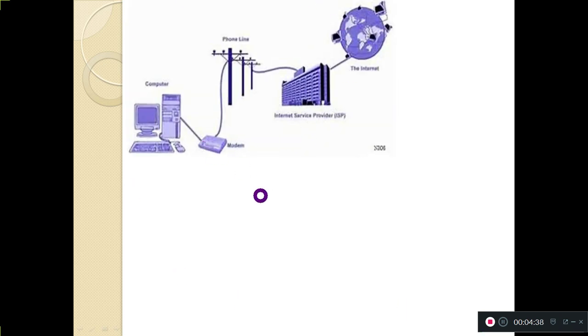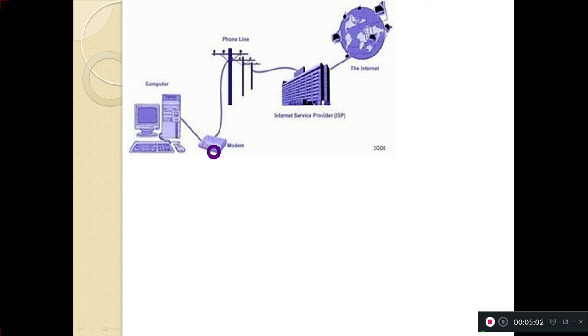So now let us understand through some pictures. So this is one picture. Here the computer is connected to the modem, and this modem through these telephone wires, phone lines, goes to the internet service provider, and from here they are connected to the internet, which is to the other computing devices.